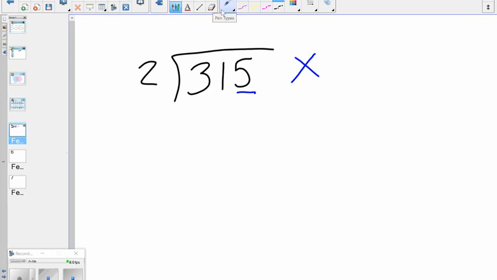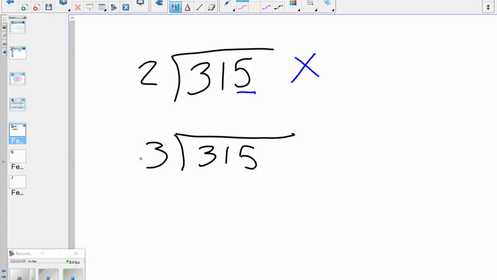All right, let's go and try. Let's take that same value, 315, and see if we can divide it by 3. Well, my divisibility rule says that 3 will go into any number if we add up the digits. 3 plus 1 is 4, plus 5 is 9.